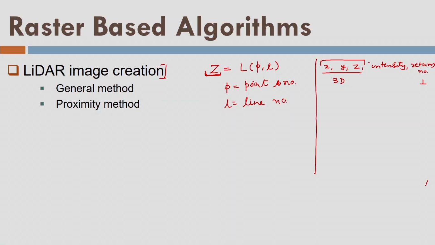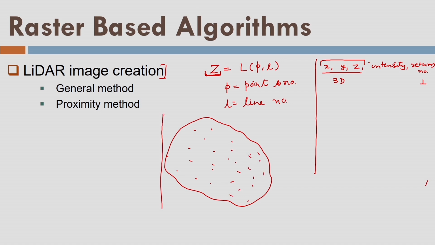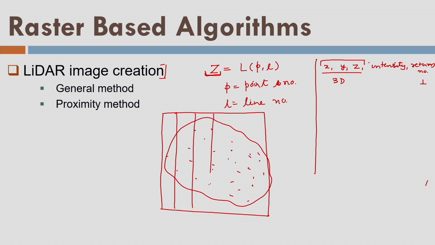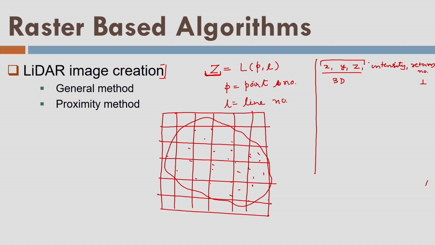So let us express LiDAR data in an image form. What does it mean? Let us say this is the area of interest and this is the data given, which is randomly distributed LiDAR data. Let us develop a LiDAR image and divide this image into grids like this. So these are square grids. This particular pixel, for example here, is represented by Z_L(P, L), which is written here. What is that? Z is the elevation of the grid.